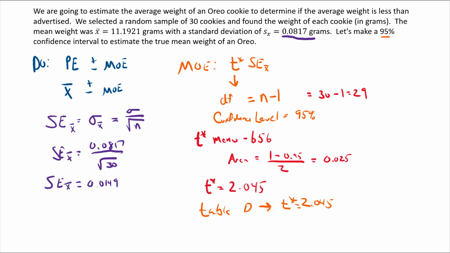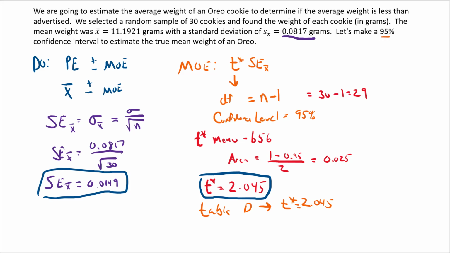Okay, so now we have two very important values that we need. We have our standard error value, we have our T star value, and we already have our point estimate, our X bar, right? The actual mean weight from our samples.